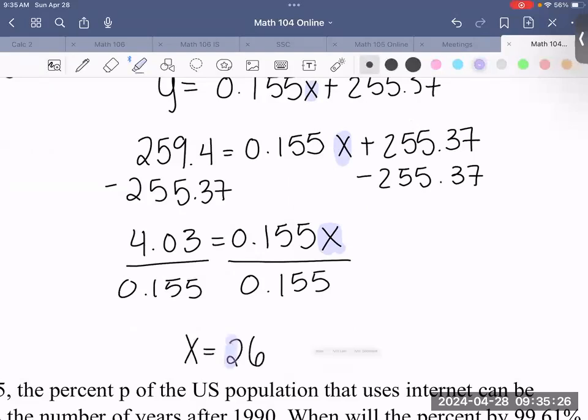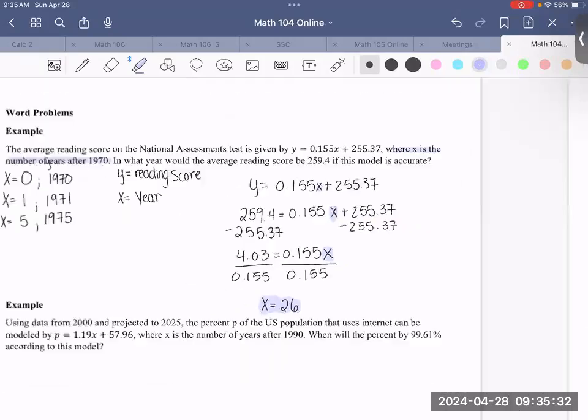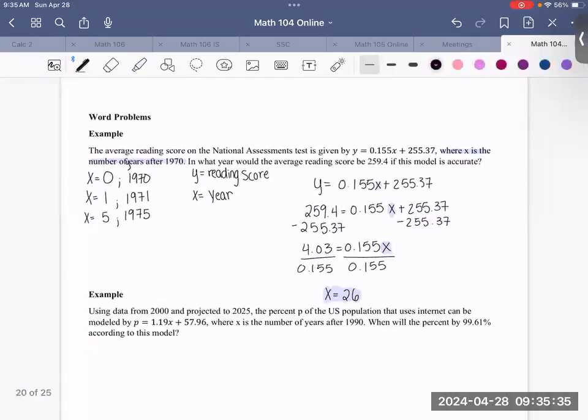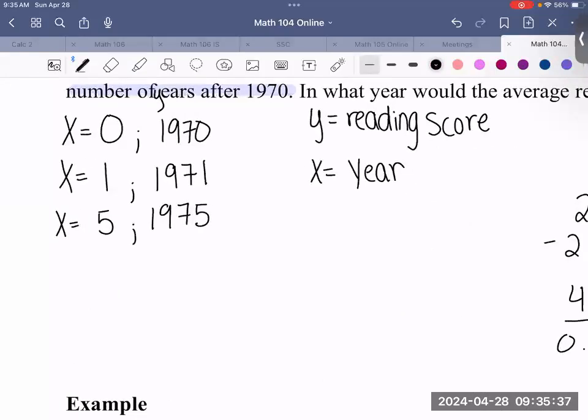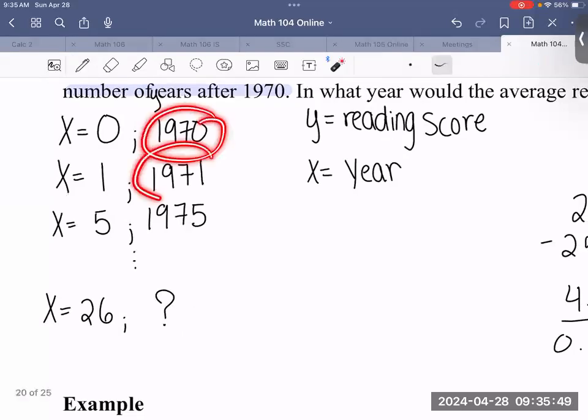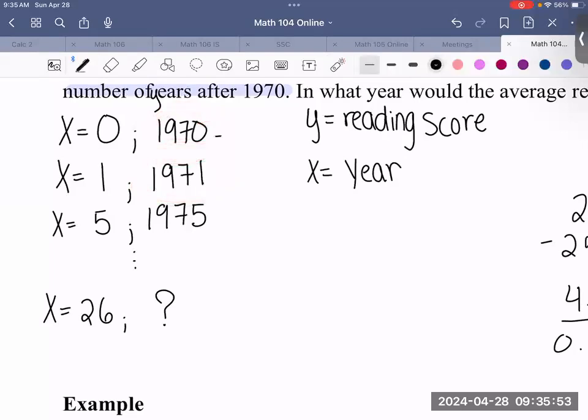Now, are we in the year 26? No. So instead, we have to figure out what year this was achieved. We will have an x value where it's 26, so what year does that mean? Well, to go from 1970 to 1971, we added 1.